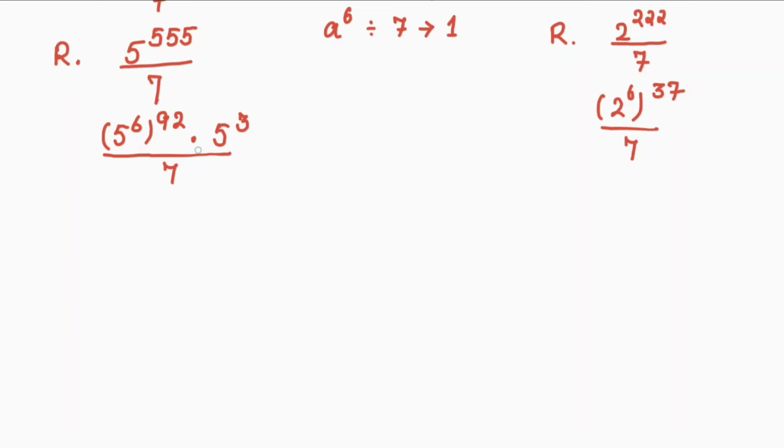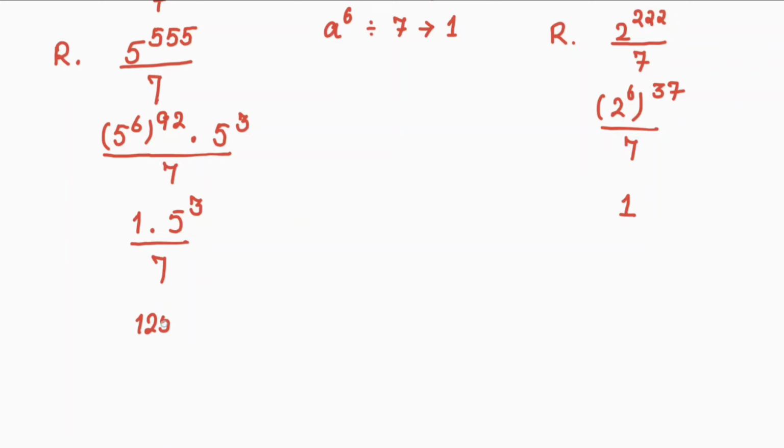So by the remainder of multiplication property, this will be 1 multiplied by 5 cube divided by 7. Here 2 raised to the power 6 when divided by 7 will leave remainder 1, and 1 is multiplied 37 times, all giving the remainder 1.